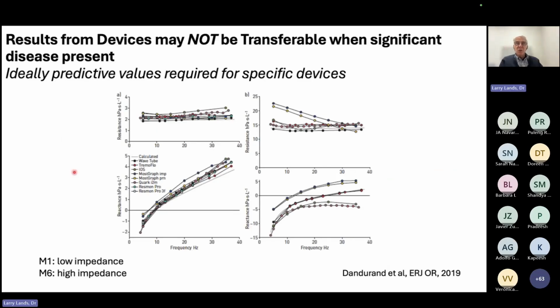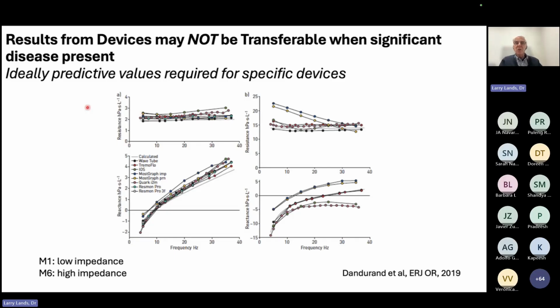I will caution you that different devices have different normative values. So unlike spirometry, there has not been standardization in the oscillometry world as yet. Depending on the device you use, and here it was tested using a mechanical device, there is a difference between devices.